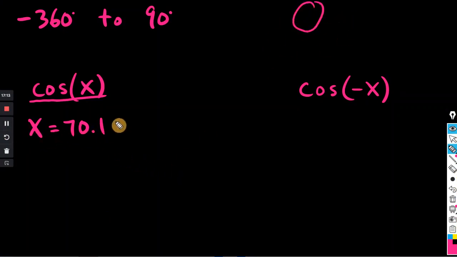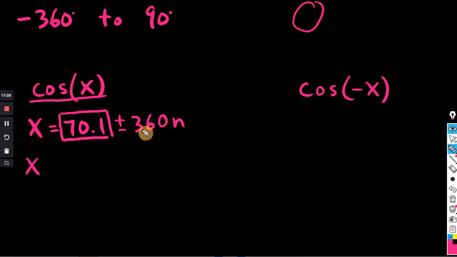So for this right here, we're going to add or subtract multiples of 360 times n. All right, so instead of 2 pi or 6.28, we add or subtract 360. Now let's see. The 70.1 is good. That falls within the range. So we're going to keep that value.